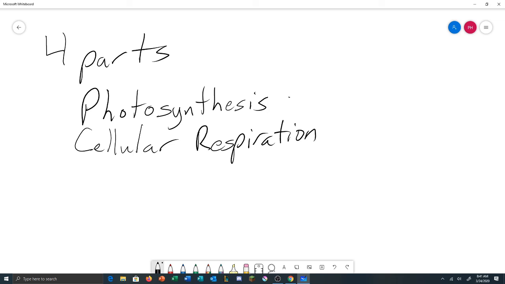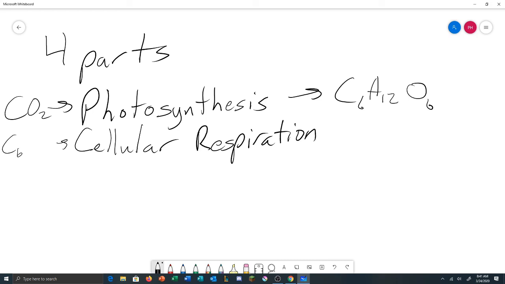And the byproduct of that, so in for photosynthesis is CO2, out is C6H12O6. In for cellular respiration is C6H12O6, and out is CO2. All of these, this is the transfer of carbon.